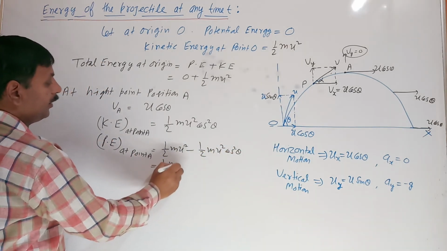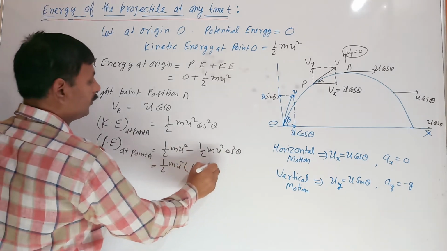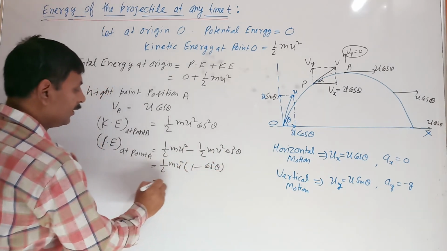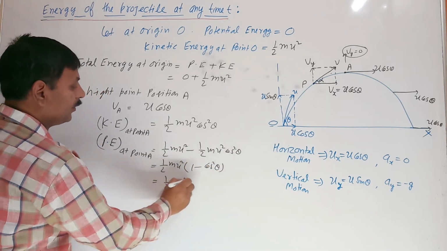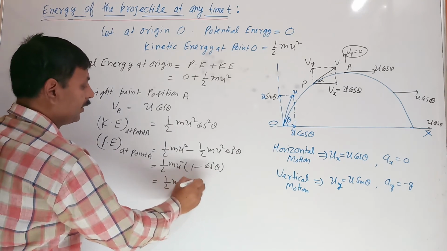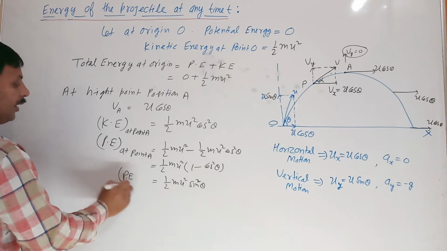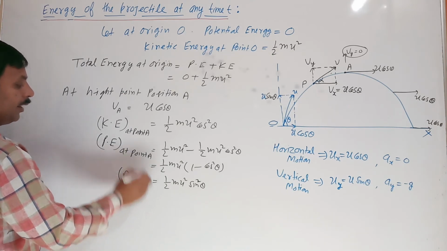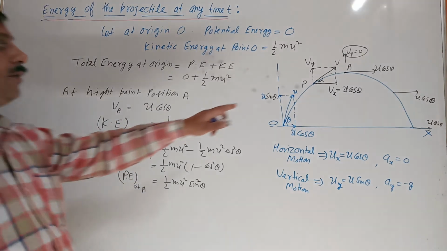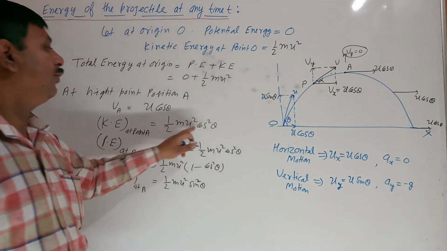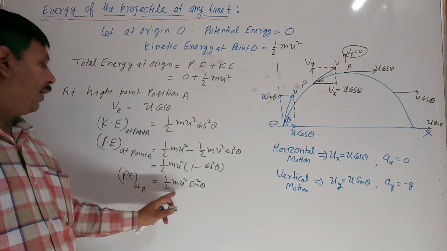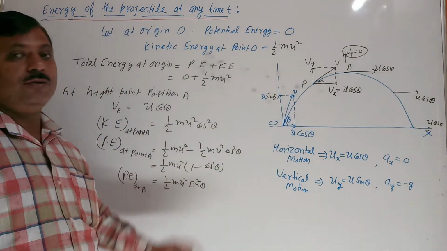That gives half m u square into 1 minus cos square theta, which is half m u square sin square theta. So this will be the potential energy at point A. Kinetic energy at the highest point is half m u square cos square theta, and potential energy is half m u square sin square theta.